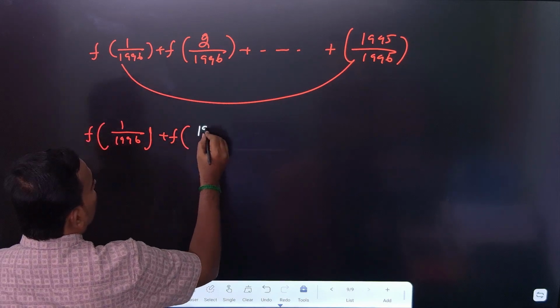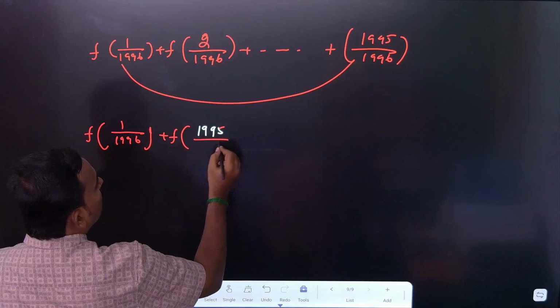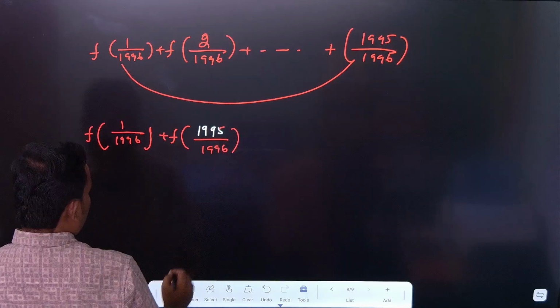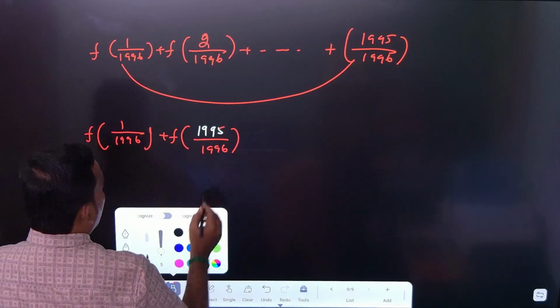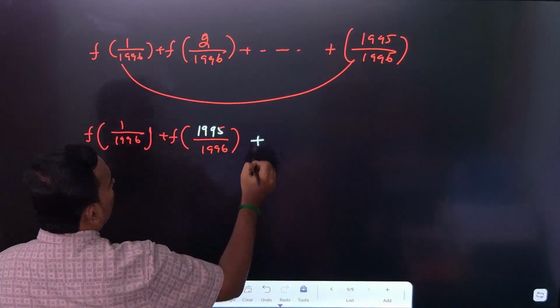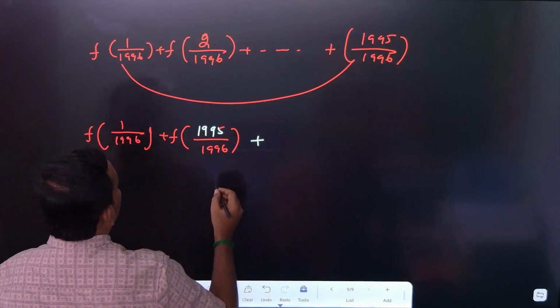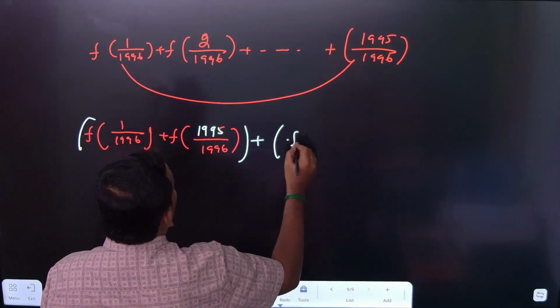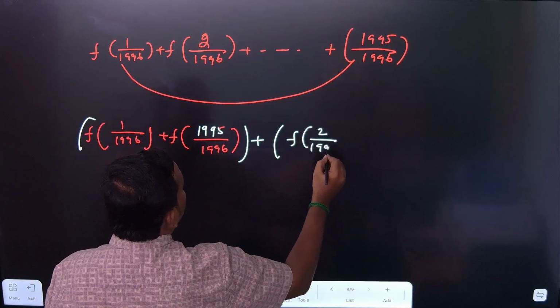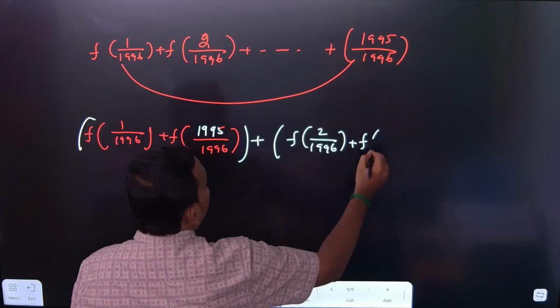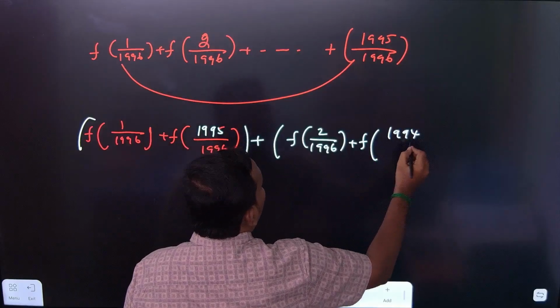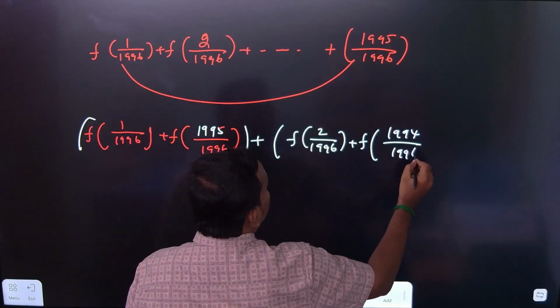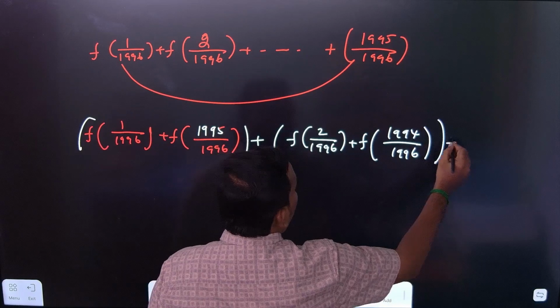Therefore that is equal to 1. First term and last term make one pair. The next is f of 2 by 1996 plus f of 1994 by 1996. Right? This is the next group.